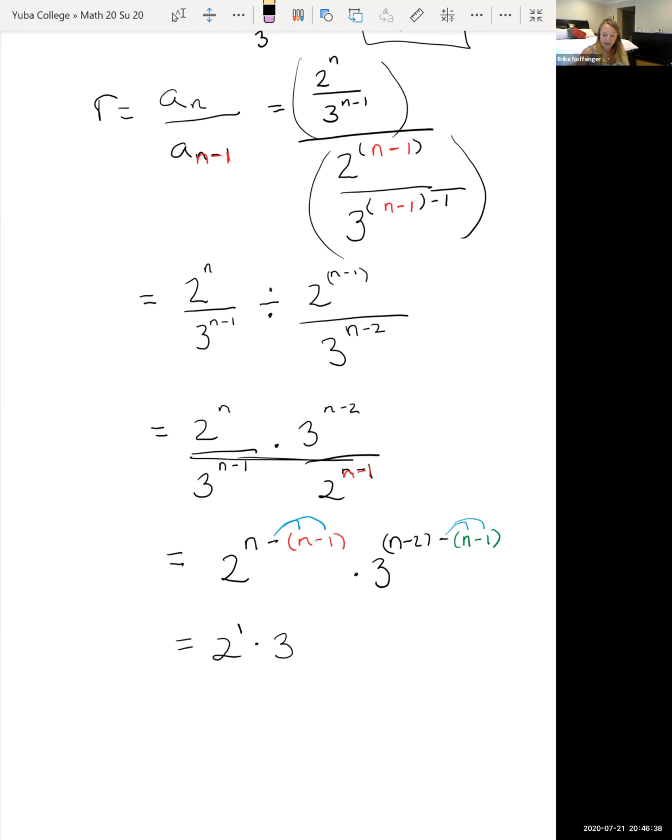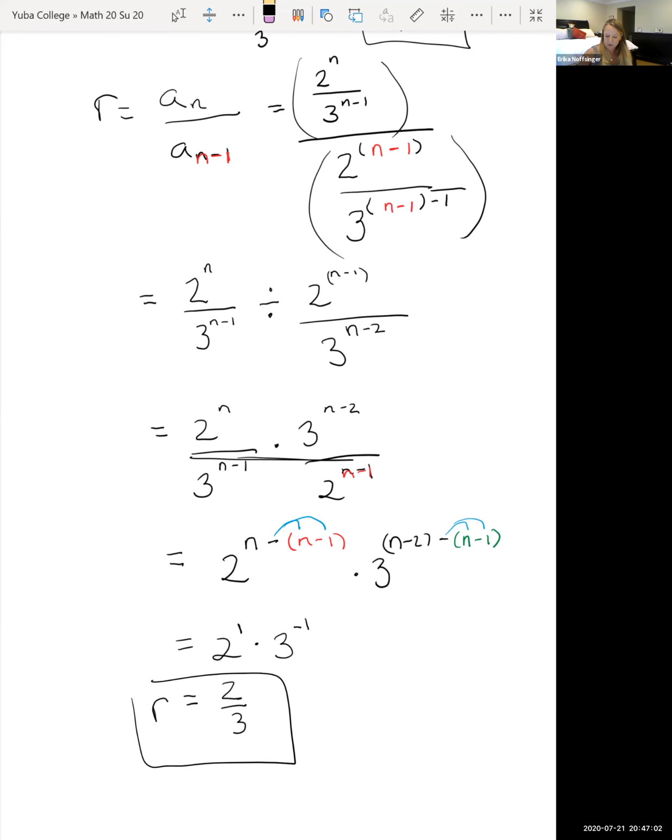So the n minus n cancels, and here we have a negative 2 minus times a negative 1. So this is plus 1. Negative 2 plus 1 is negative 1. We write it with positive exponents, we get back 2/3. Okay, r is equal to 2/3.